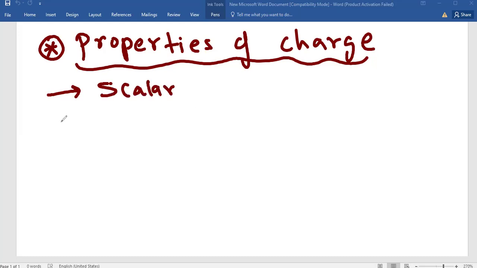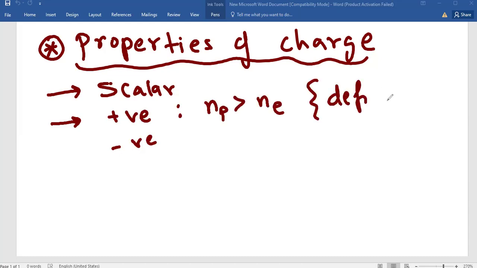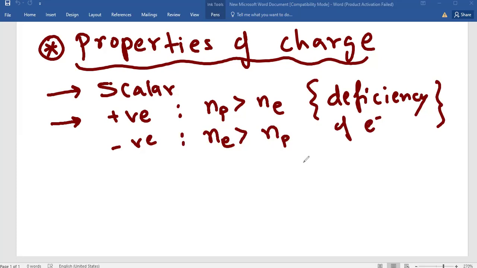It has only magnitude. Then it is of two types: positive charged body and negative charged body. Positively charged body means the number of protons is greater than the number of electrons, so there is a deficiency of electrons in the body. Whereas a negatively charged body means the number of electrons is more than the number of protons, so we say that here we have an excess of electrons.